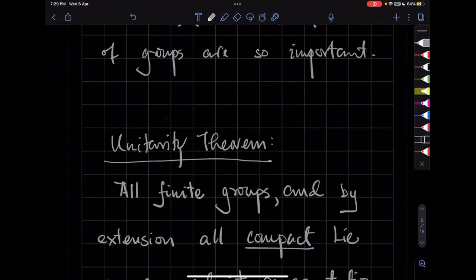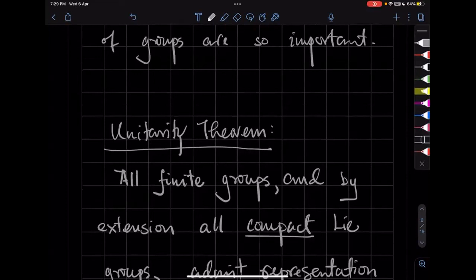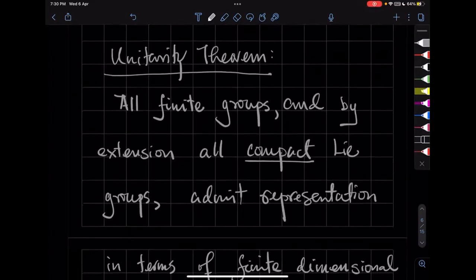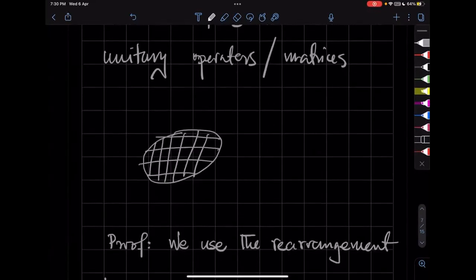Otherwise, my lab cannot use it on my quantum system. Right? That's a very real life scenario. So I give you all these matrices, a finite dimensional non-unitary representation of a group, and you have to find a unitary representation. This proof gives you an algorithm for that.